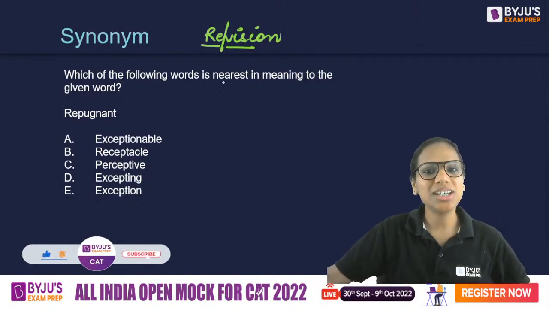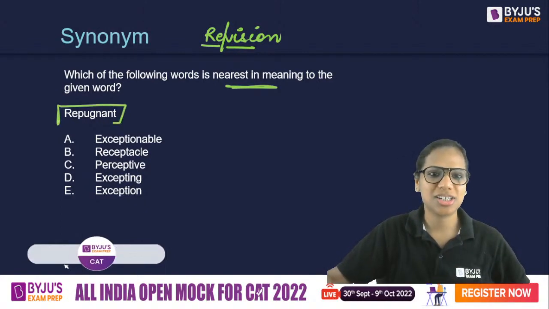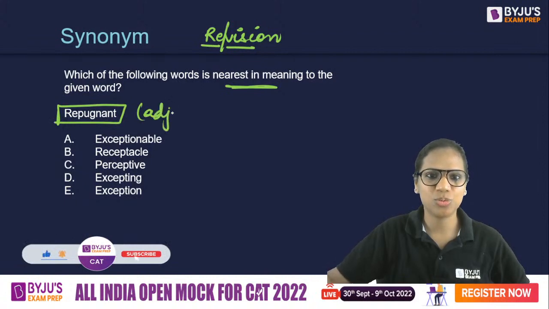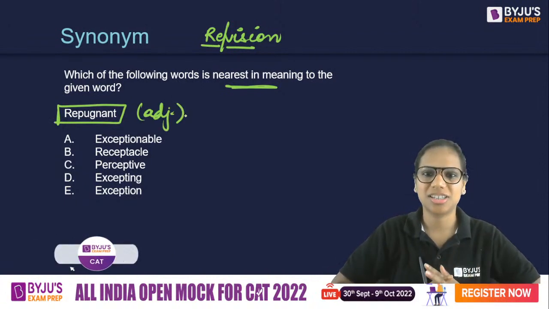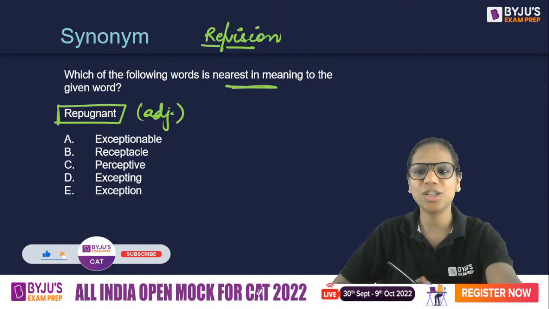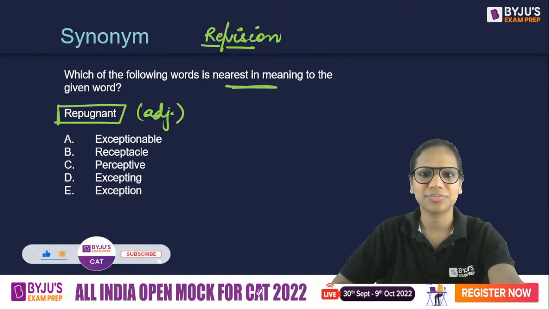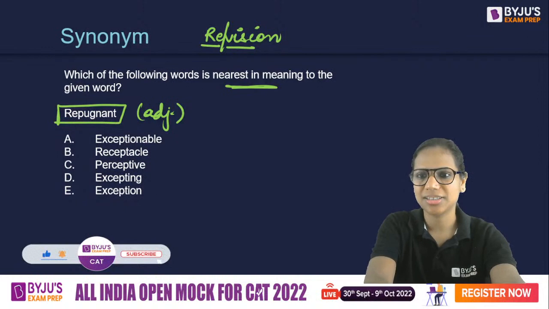Okay, so nearest in meaning, repugnant. It's an adjective. Let me help you that much. Repugnant. Synonym you have to give me. Again, there's a common thread that runs through all of these. Let's see what you say.